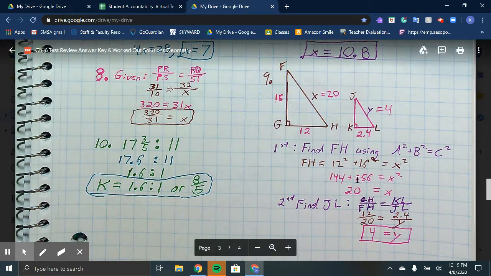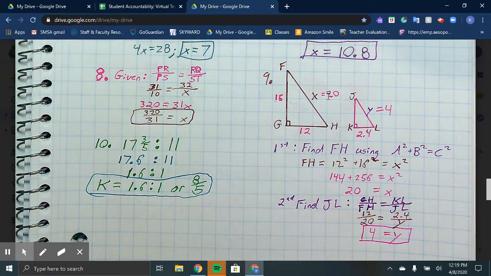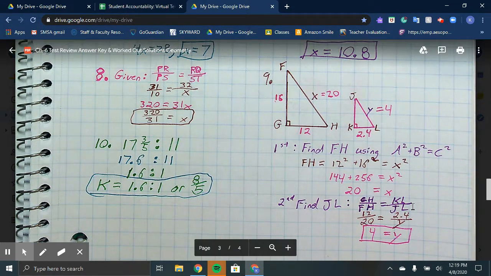That is 400 equals x squared. So that missing hypotenuse of FH is 20. Then I can set up a proportion to find JL. So I have GH over FH equals KL over JL. 12 over 20 equals 2.4 over y. Cross multiply and divide. So JL, our missing hypotenuse, is 4 units.